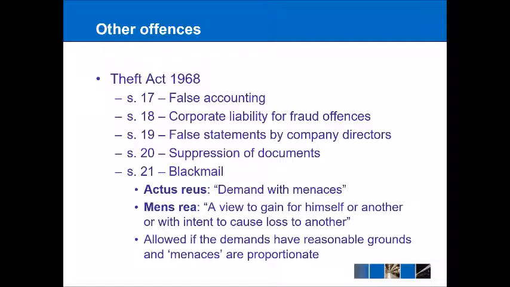However, there is a defence to blackmail within section 21, and it can be allowed if the demands have reasonable grounds and the menaces are proportionate. So if a landlord is seen to be blackmailing a tenant, then if the landlord has a legitimate reason for doing so, and the proportionate demands are, say, the tenant moving out of the property, then as long as that's all above board, then it can't be said that that is blackmail.